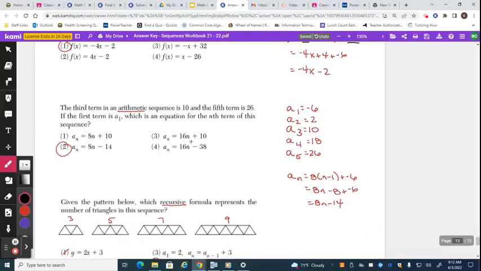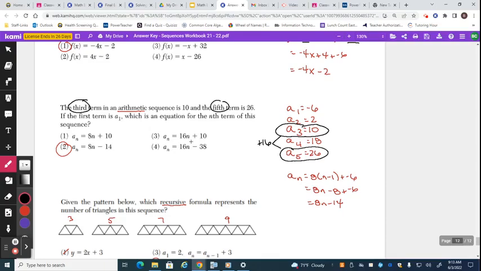The next one is kind of interesting because they give us the third term and the fifth term. And they tell us that it's an arithmetic sequence, so we're looking at addition or subtraction. So if you think 10 to 26, that's going up by 16. But they skipped the fourth term, so each term is going up by 8. So I worked backwards and got 2 for the second term and then -6 for the first term.